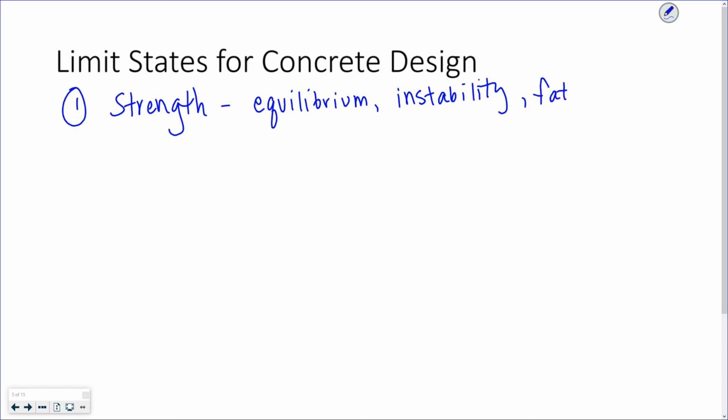Fatigue, if something has a lot of vibrations, cycles of motion, will it eventually cause a loss of strength? Failure, meaning you put too much weight on it and it can't hold it, so it breaks.